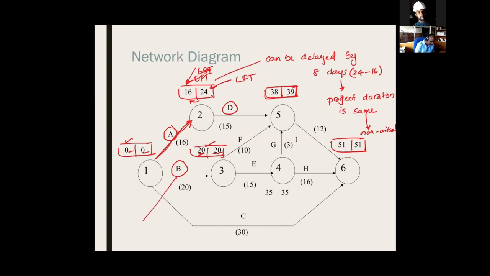This activity is a critical activity. We can't delay that by any means if you want to finish the project on time. If activity B is delayed, the project is delayed.